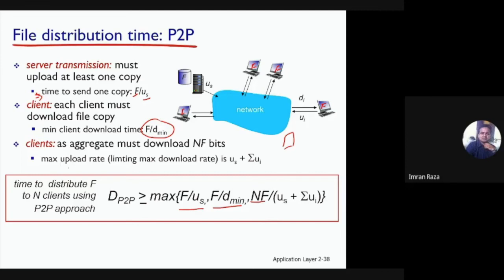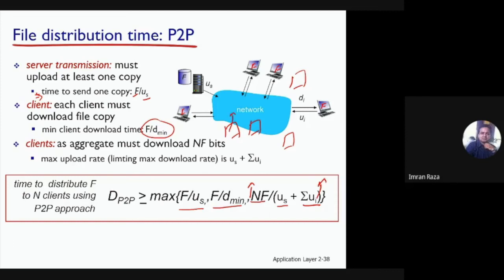The max upload rate is the upload rate, or the sending rate, of a machine plus the total number of machines that are participating in this process. So if this n is increasing, I mean, if there are more hosts requesting the same file, this u_i is also increasing. Why?